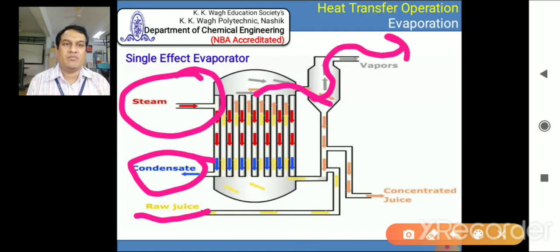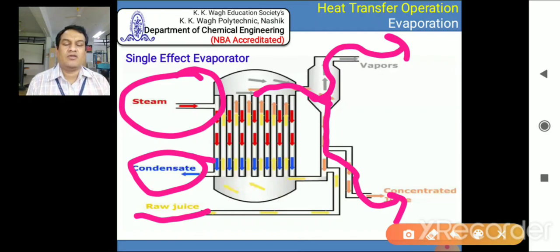This vapor can be sent to the barometric condenser, where the vacuum can be generated, and the concentrated juice, obviously with the help of higher density, can be separated out as a final product.